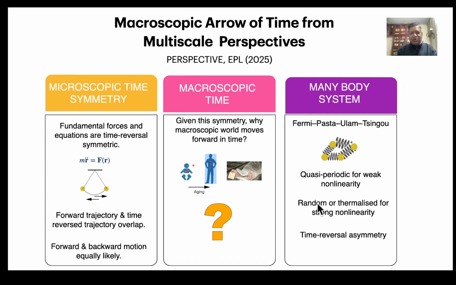However, for strong nonlinearity, the system shows randomness or it gets thermalized. That means energy is random or equally distributed, and it turns out the system does not go back to the original state. For large enough systems, the time reversal time, if at all, which is called Poincare recurrence time, is too large. Anyway, this system, which is isolated with many degrees of freedom, shows asymmetry because of large degrees of freedom, nonlinearity, sensitive to initial condition.